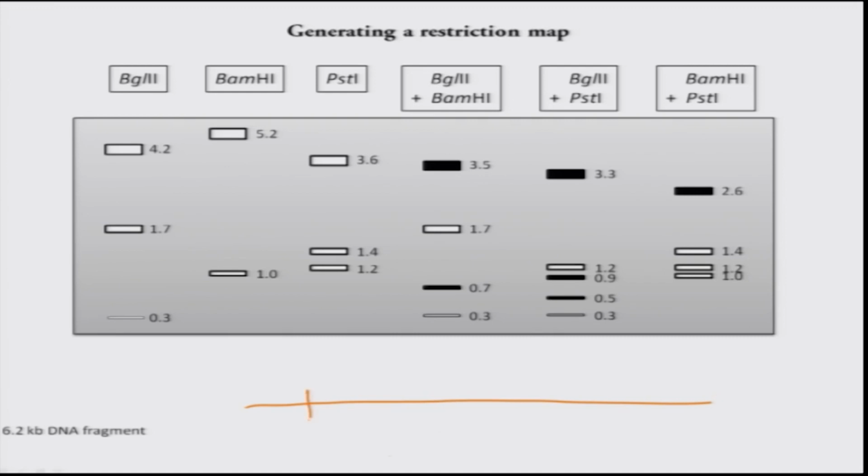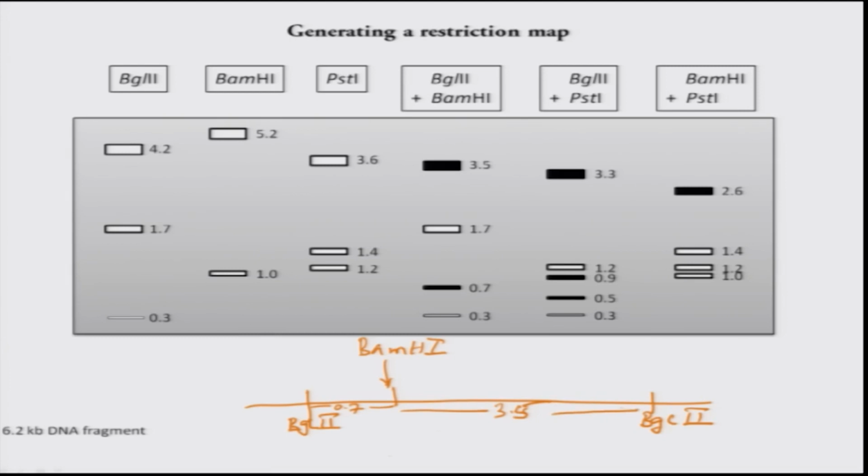So that's what we draw here. This is a BGL2 site and one BGL2 site over here, and this is being cleaved by a BAMH1 site over here. Say suppose here is the BAMH1 site which is giving the BGL2 BAMH1 0.7 kb fragment, and this is the one which is giving a 3.5 kb fragment.